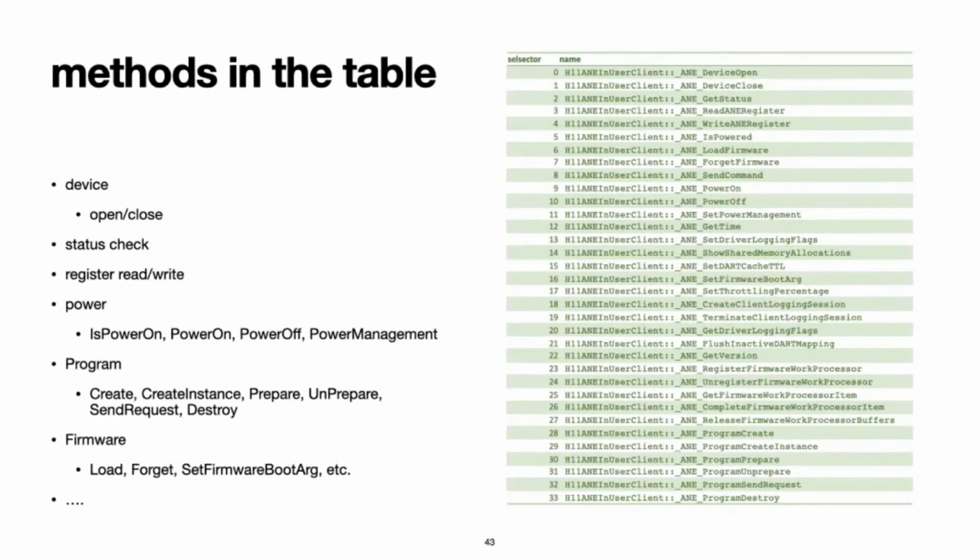There are power-related functions to power on, power off the device, and to check if power is on or not. There are program-related functions to create a program, to prepare a program, to send a request, etc. And there are firmware-related functions to load a firmware, to set the boot argument for the firmware, etc.